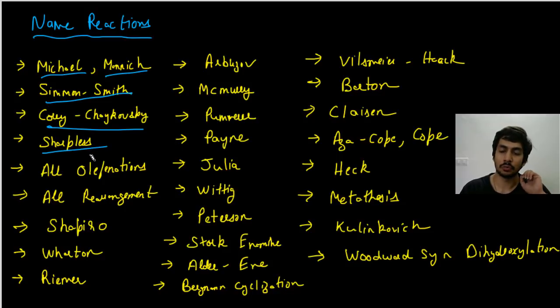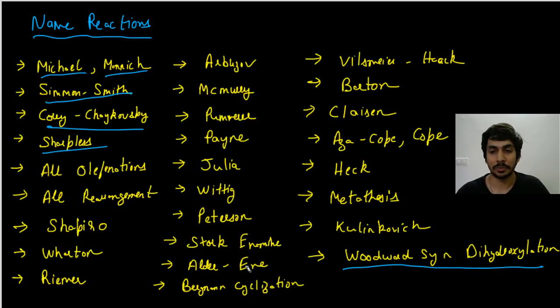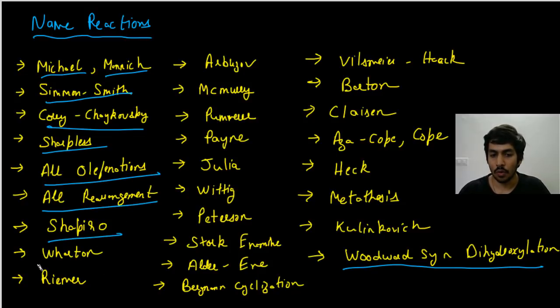There's one Woodward's dihydroxylation as well, which I've mentioned over here, right? Then in presence of dilute KMnO4, osmium tetraoxide also leads to dihydroxylation. Then all olefination reactions, all rearrangement reactions, Shapiro reaction, Wharton reaction, Reimer-Tiemann reaction, Arbuzov, McMurry coupling.